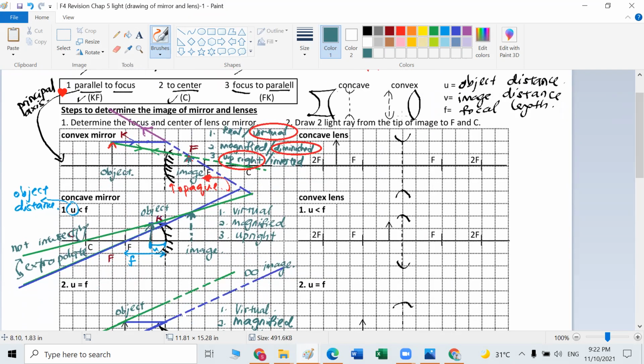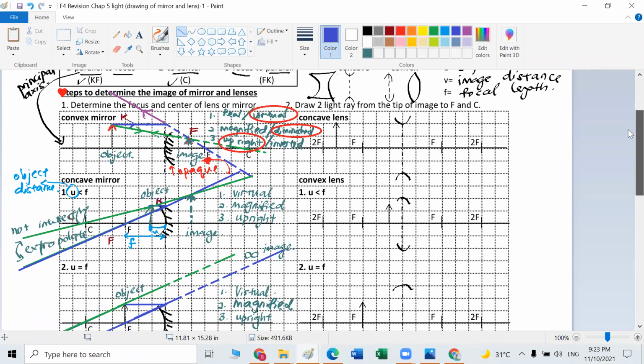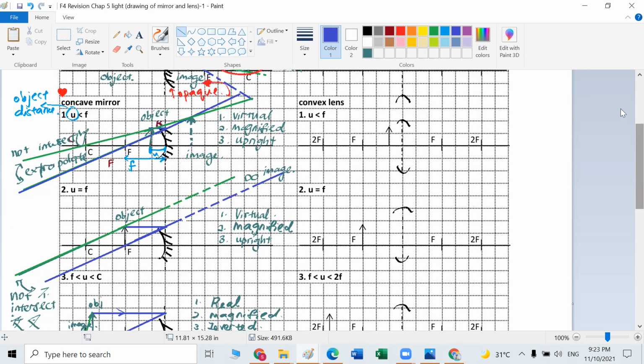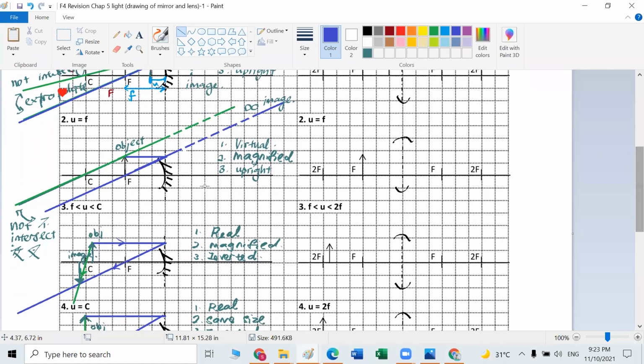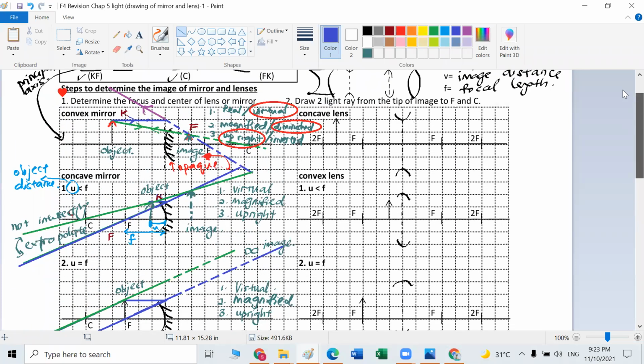Okay, so this one is the same. Let's draw. This is lens, means transparent, means the light will pass through. Just now, the light reflect back. But this one passes through.